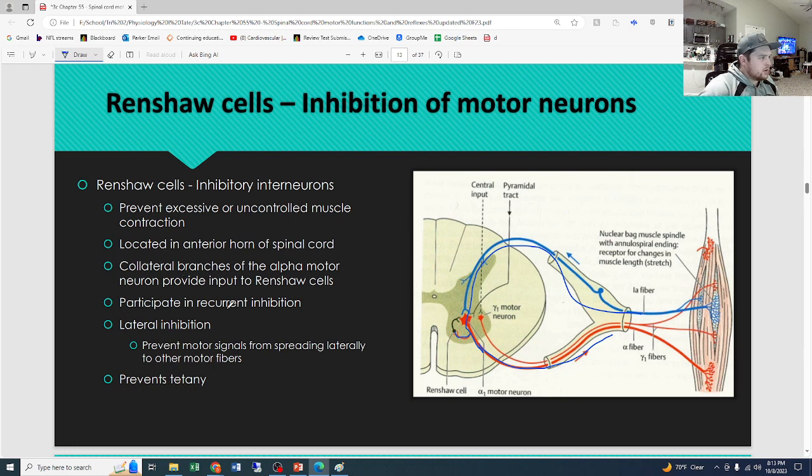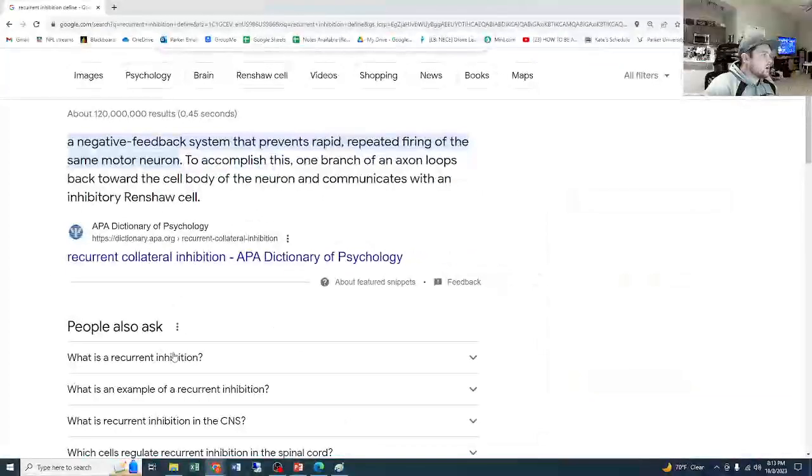These participate in recurrent inhibition. So recurrent inhibition, kind of like how if we looked at the action potentials, remember how we had that refractory period, which kind of paused and stopped things from occurring?